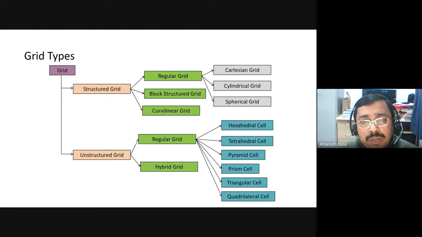Now we have the governing equations, and using some discretization technique, we'll convert this partial differential equation to some algebraic equation, but we need to solve it at some point, right? So for that, we need to divide the domain into a grid, and this grid may be of two types, structured grid and unstructured grid.